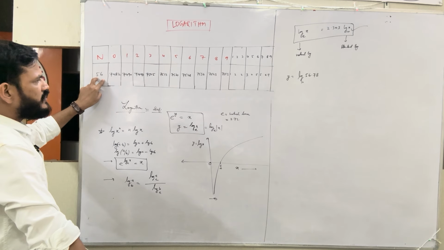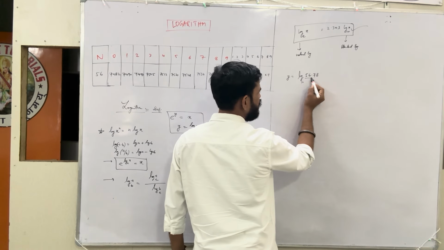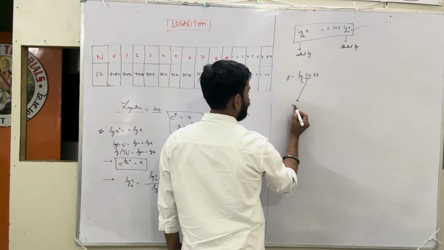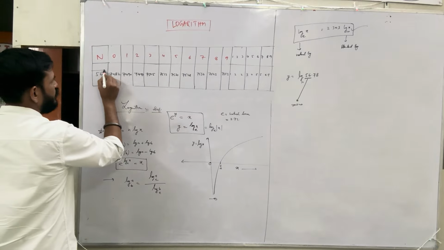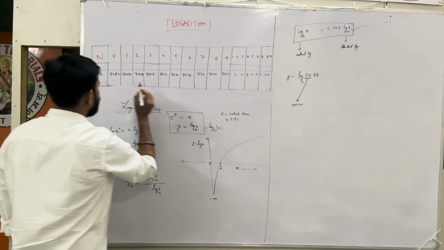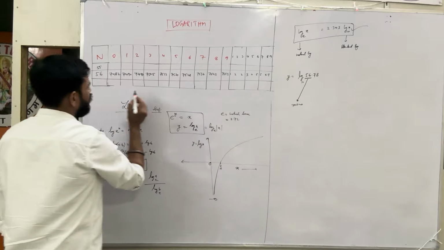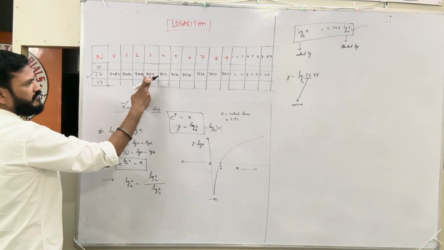What we need to find out: the first two digits represent the row number. So you have row number 55, 56, and then 57. We need to look into row number 56.